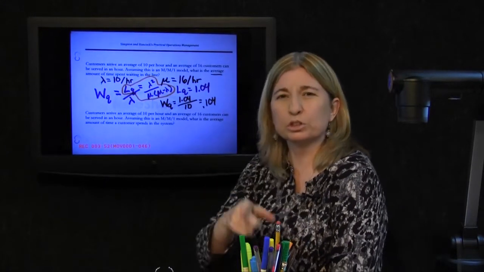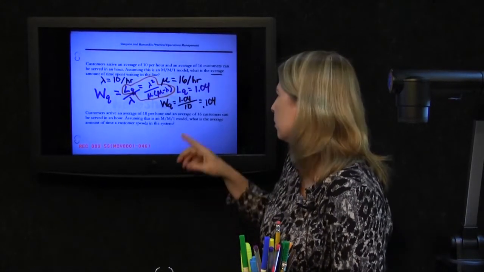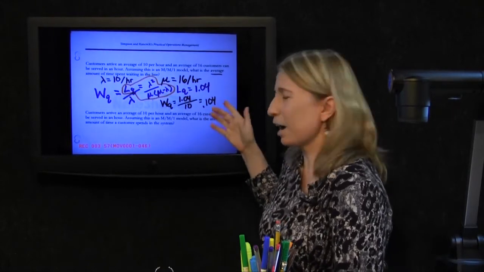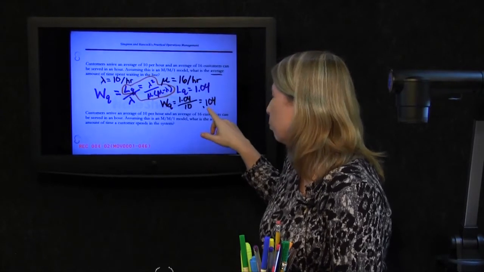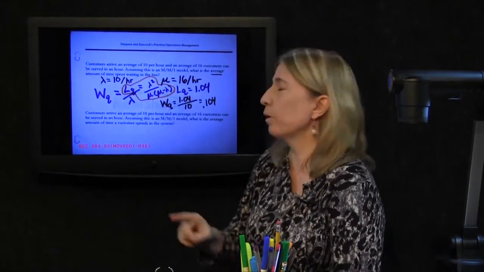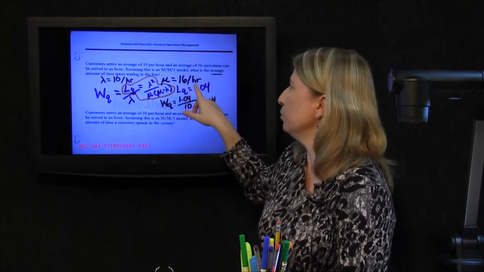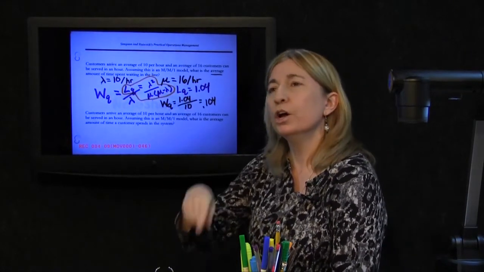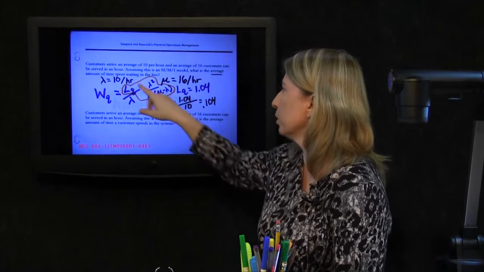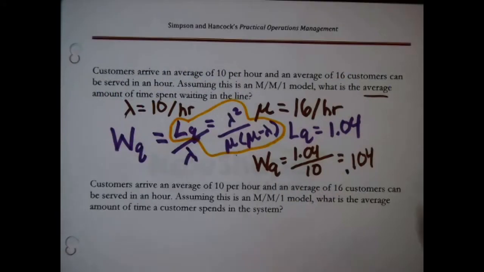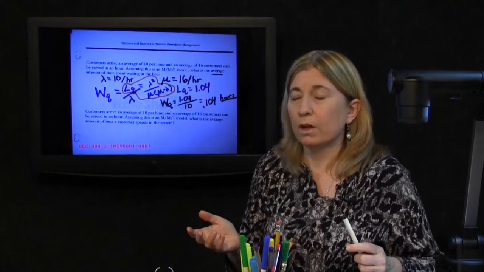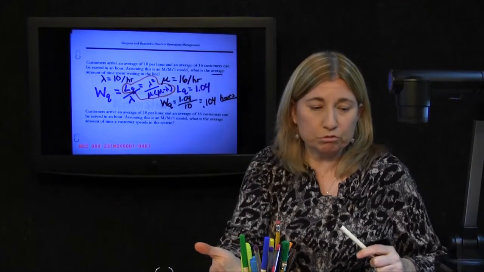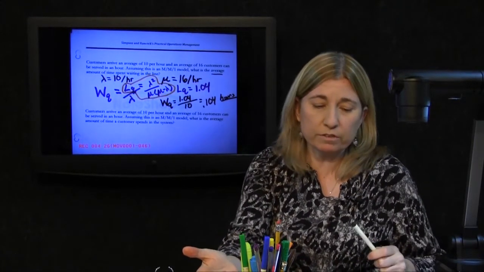It's important to be able to interpret the answers to some of these formulas. How much time actually is this? What is the average wait? This is 0.104 hours. How do I know that? Whatever lambda and mu originally referred to, your answer to this formula will be in that same time interval. So 0.1, basically a tenth of an hour. You may want to translate that into something more intuitive, and it's very easy.